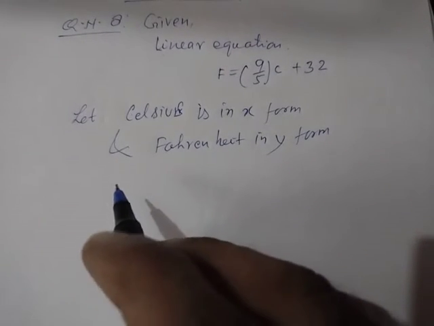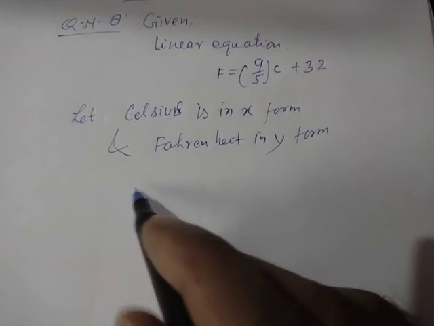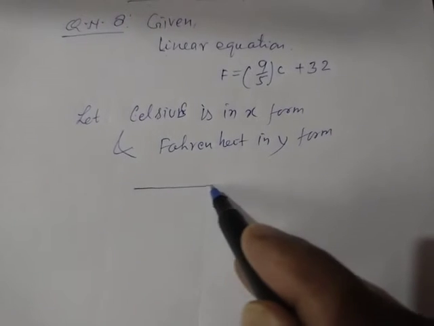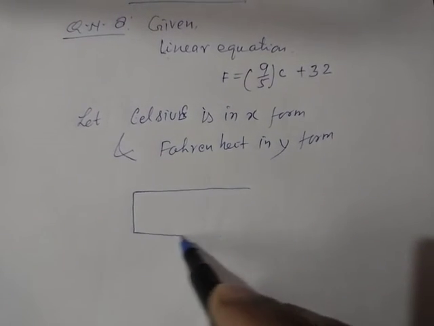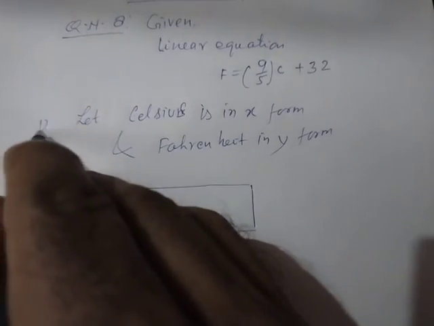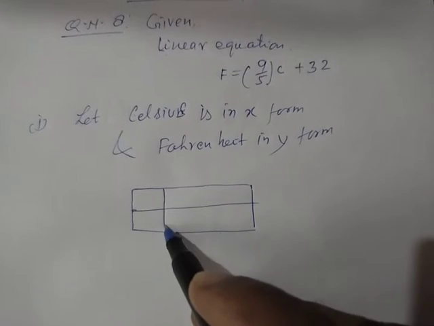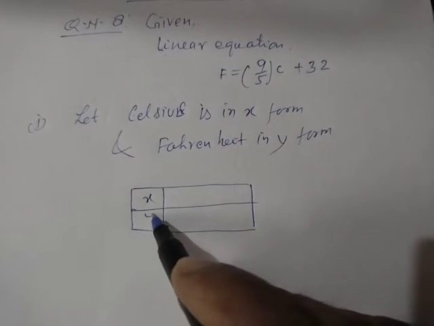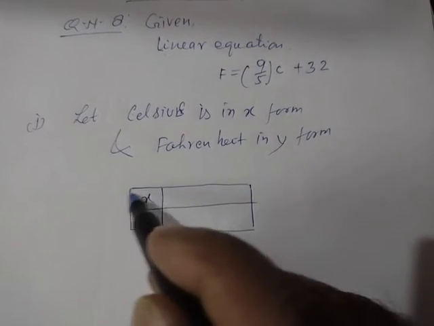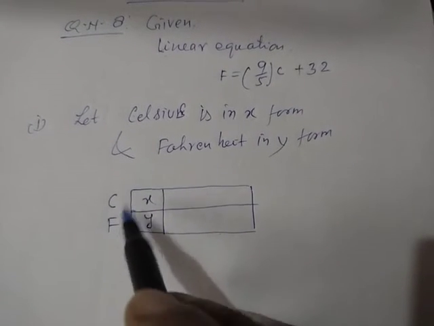Make a box with x and y, meaning this is the Celsius scale and this is the Fahrenheit scale.